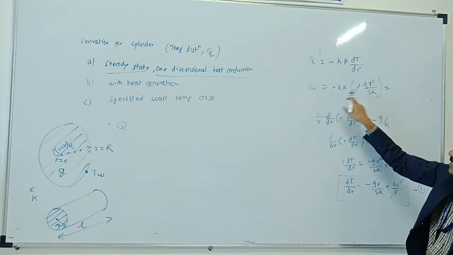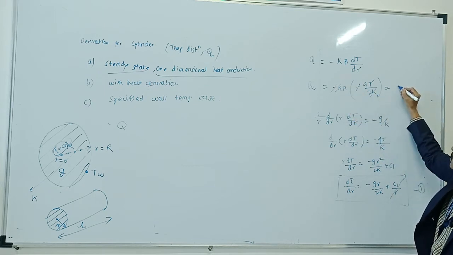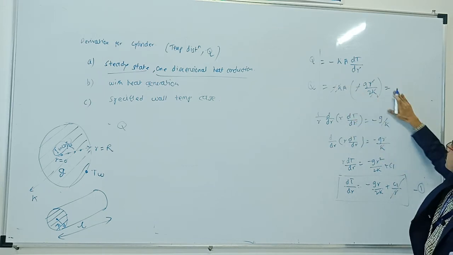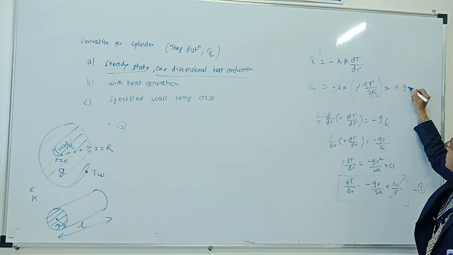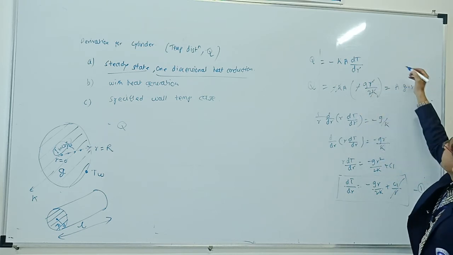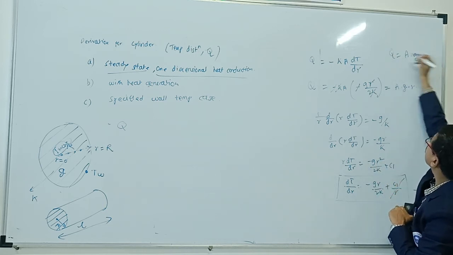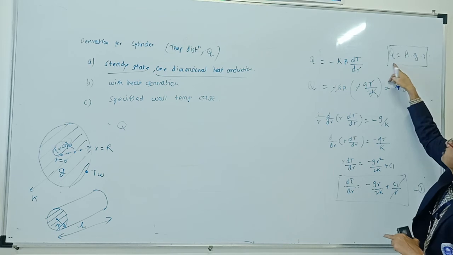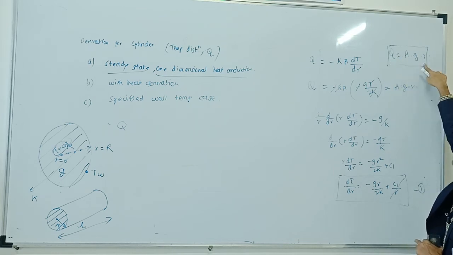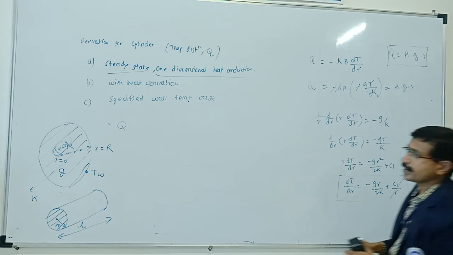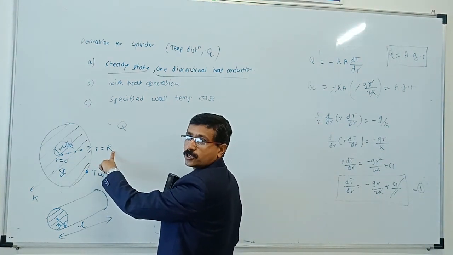माइनस माइनस मल्टीप्लिकेशन में प्लस होगा, k और k कैंसिल होगा तो it becomes a into z into r. तो फाइनली कैपिटल Q is equal to a z into r. So this is the expression for determining heat transfer rate at any value of r, right from the center to outer surface of the cylinder.